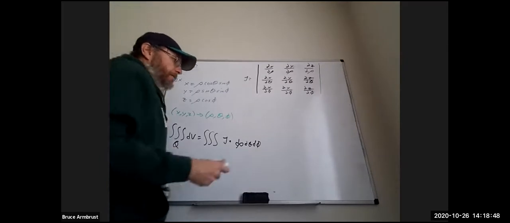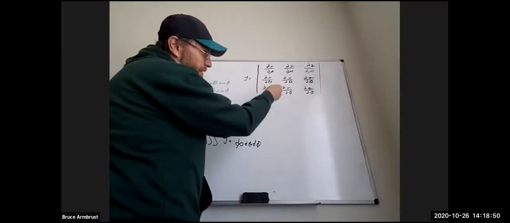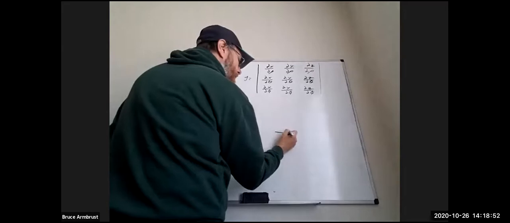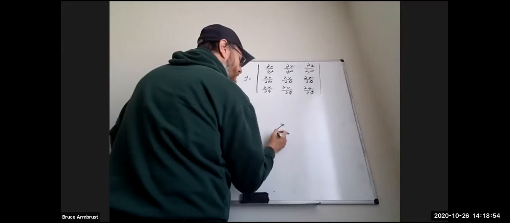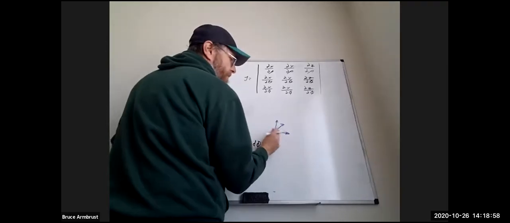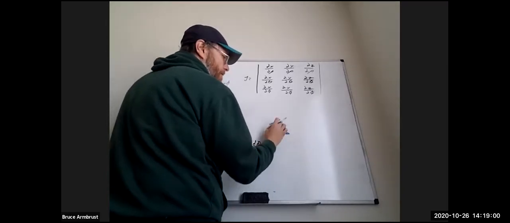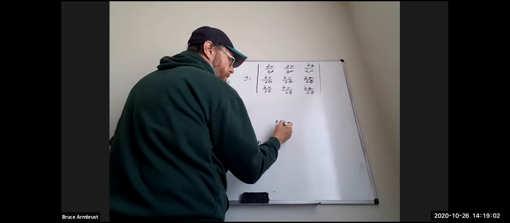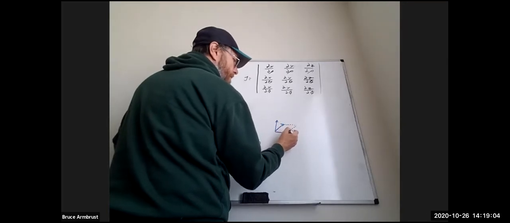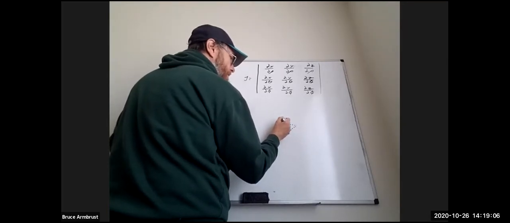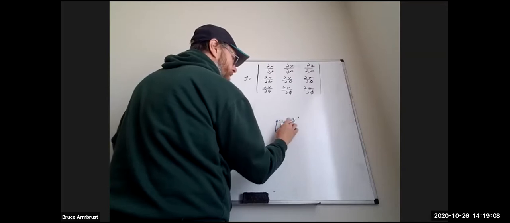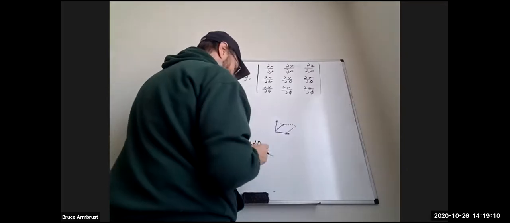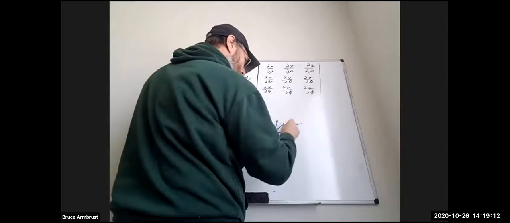And this is a little bit of an aside, but it helps you see where this is coming from. So let's say these are the 3 vectors that form our box. Let me make this look 3D.